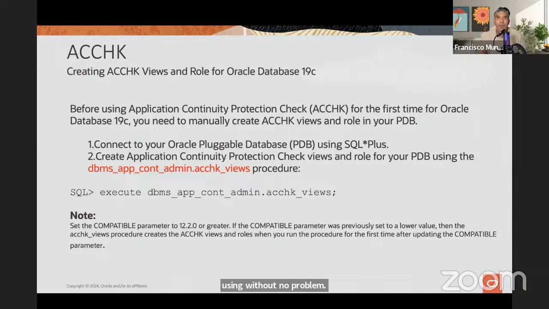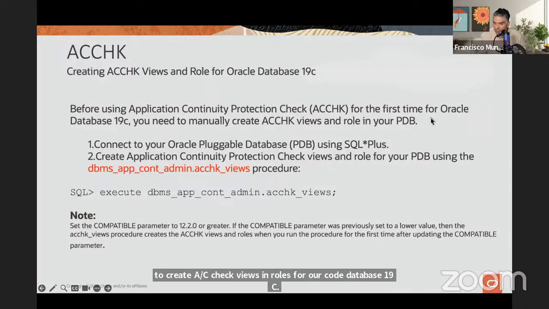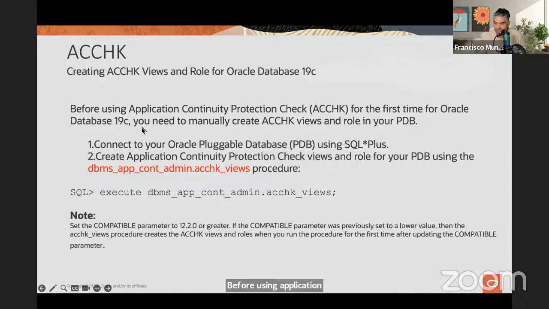So how will we implement AC Check? First, we're going to create AC Check views and roles for Oracle Database 19c. Before using application continuity protection checks for the first time for Oracle Database 19c, we'll need to manually create AC Check views and roles in your database. How do I do that? Simple.